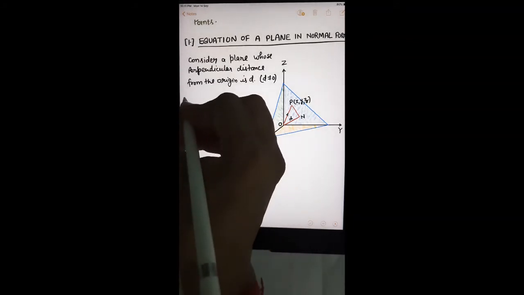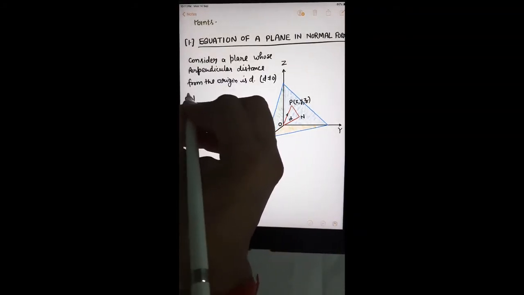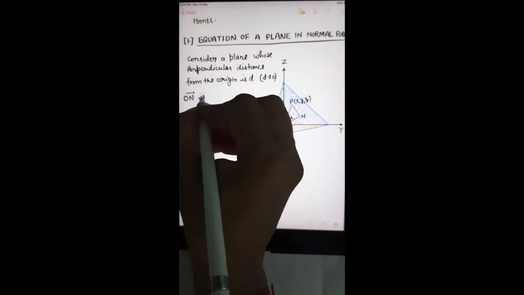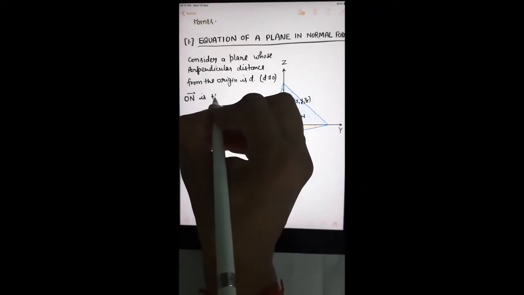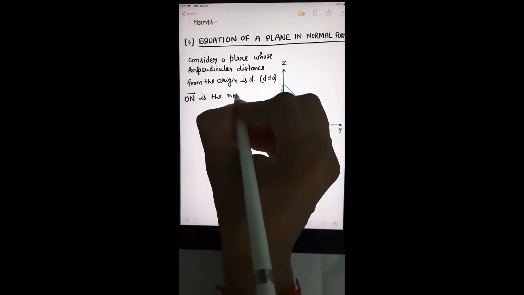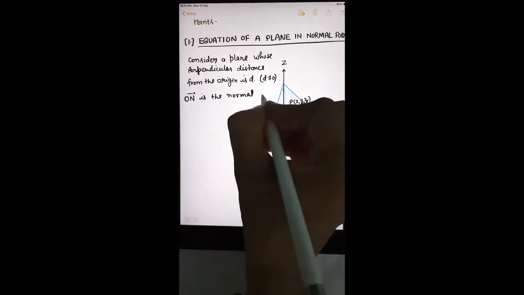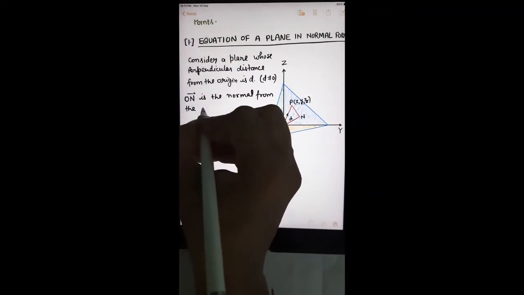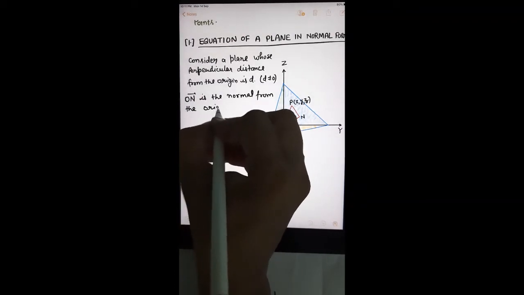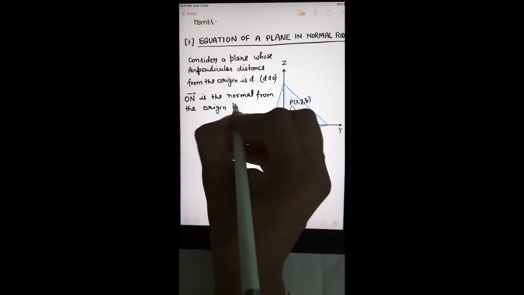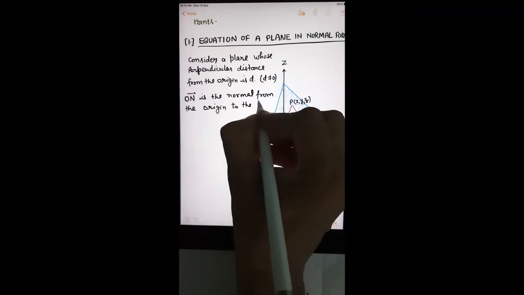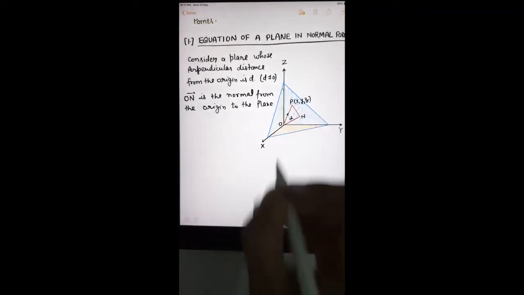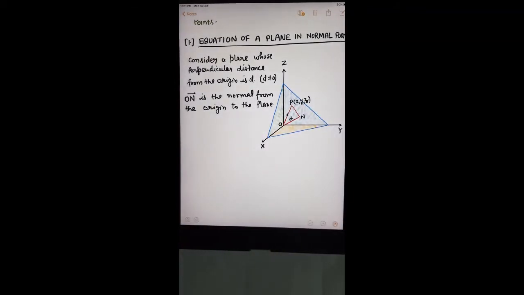So here ON is the normal from the origin to the plane. ON is the normal, means perpendicular drawn from the origin to the plane.